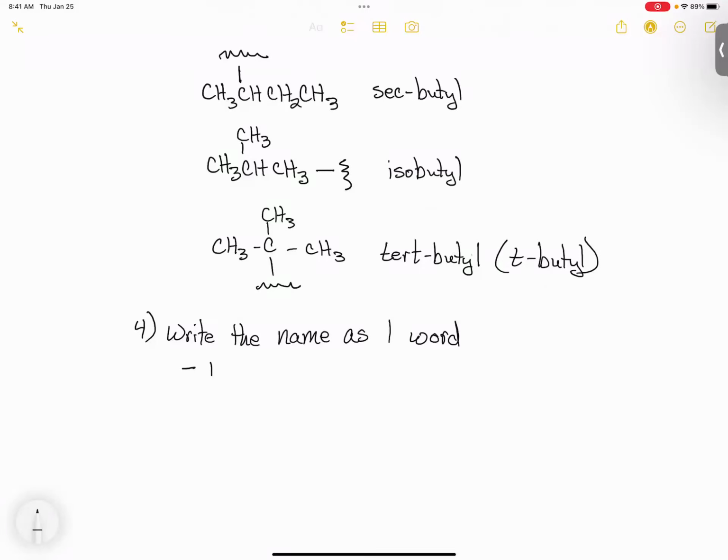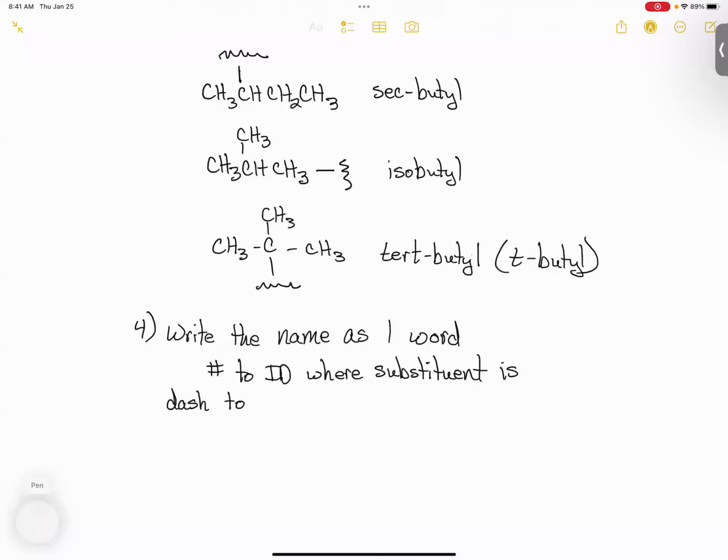You will use a number to identify where the substituent is. You will use a dash to separate numbers.